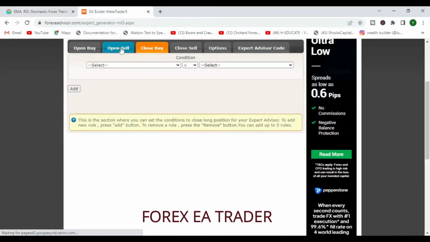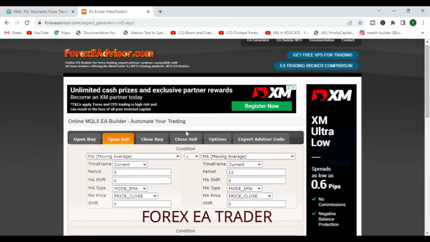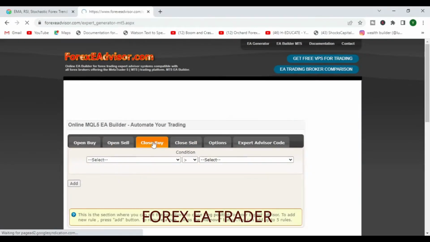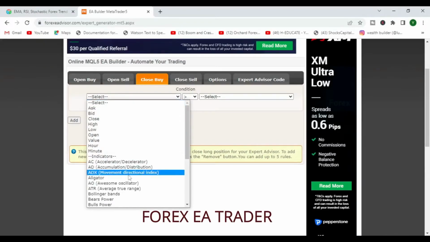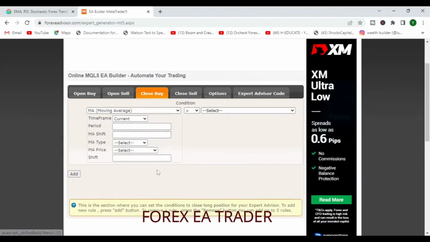Or you can use all of these conditions. It's up to you. I'm trying to just be quick so that this video is not too long. So I'm just going to use the moving average.